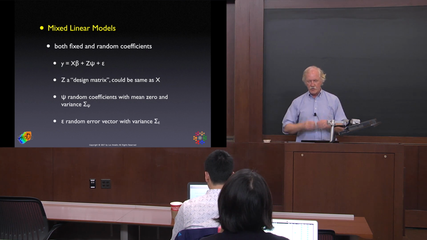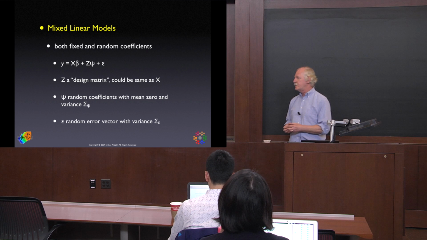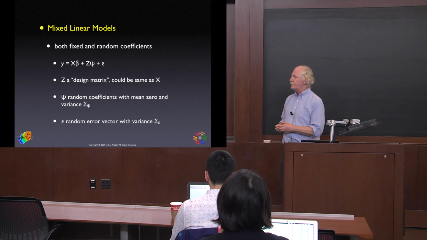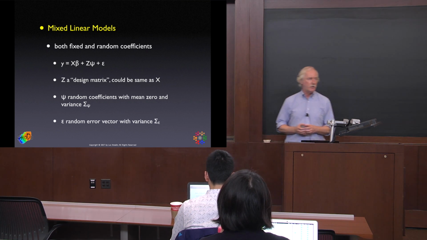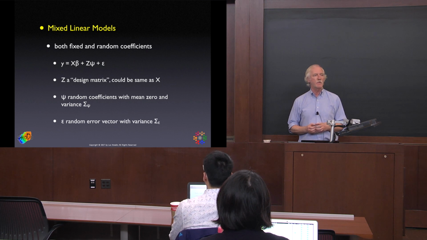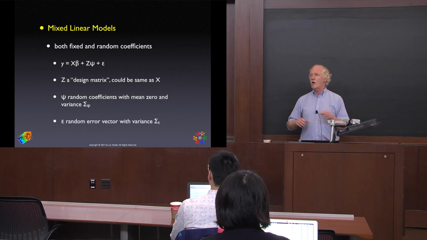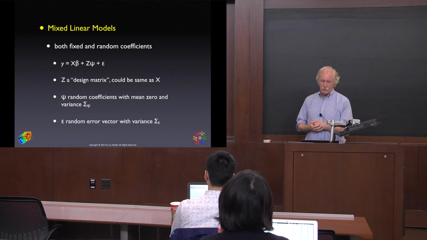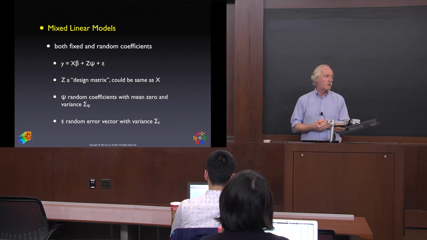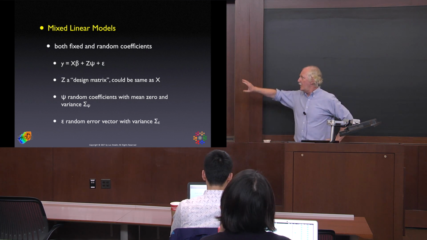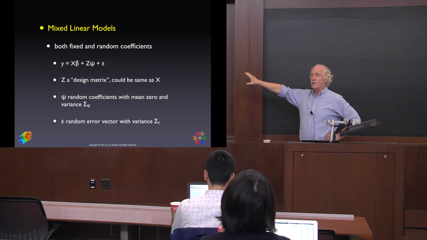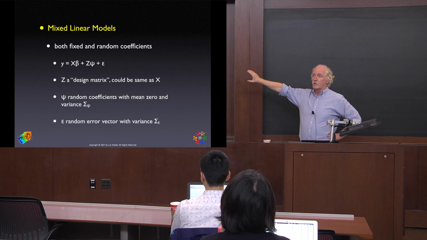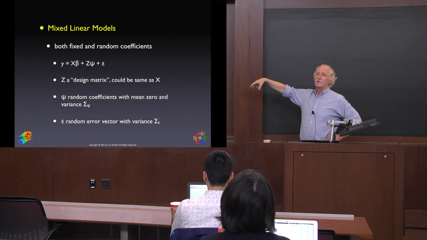Before we get there, a generalization of this, and you may see this in the literature. In some literature, this is called mixed linear models. As I mentioned the other day, mixed models is messy. It means different things to different people, but in this particular context, we can have a fixed part, the x beta, and then a random part, where z is a design matrix.